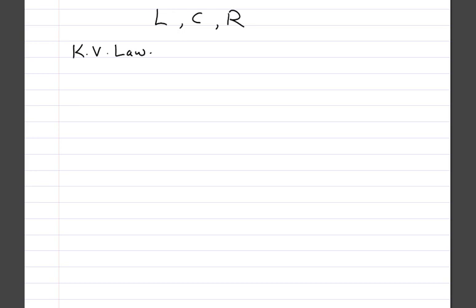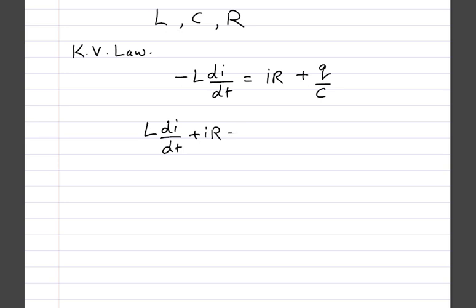Kirchhoff's voltage law gives you minus L di/dt, the source on one side, is equal to IR plus Q by C, or rearranging the terms, L di/dt plus IR plus Q/C is equal to 0.